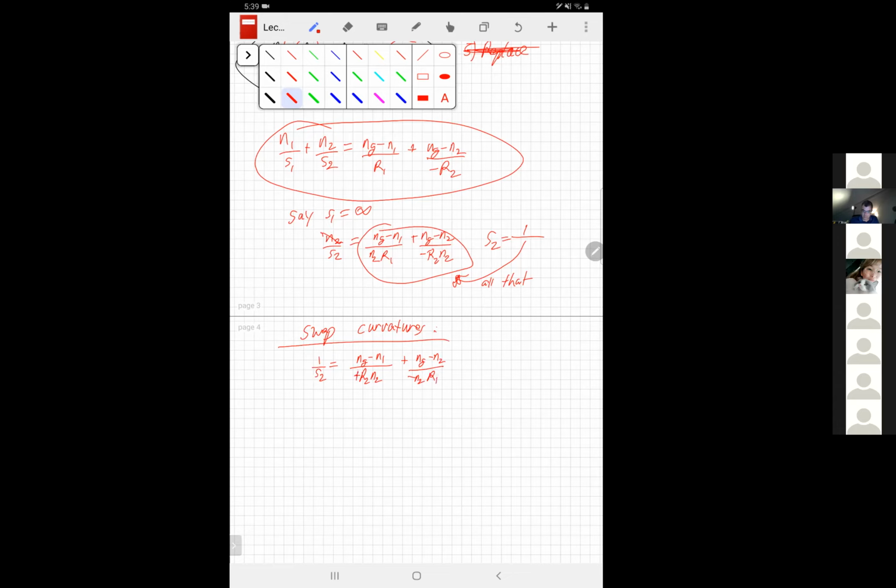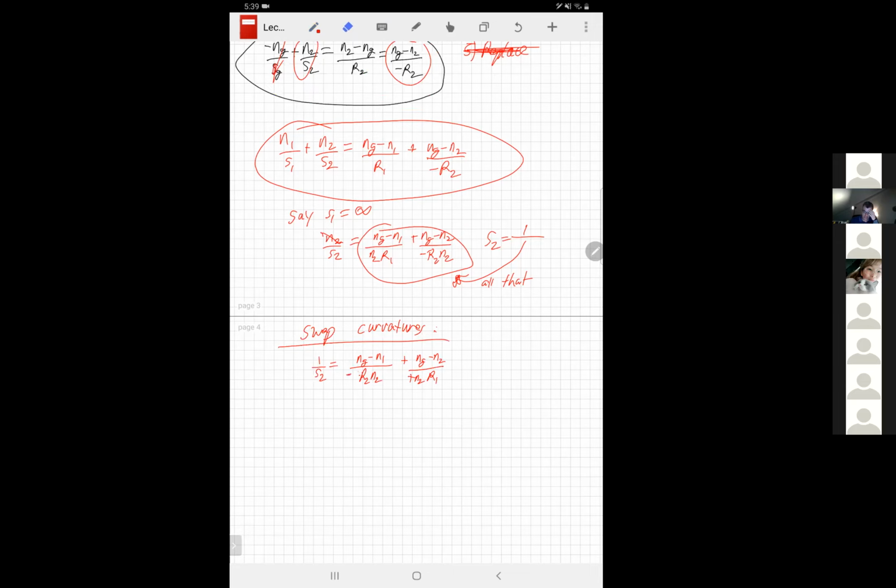No, I should be swapping the signs. No, I was right the first time. Anyway, leaving aside the sign errors that I know I'm going to screw up, are these two expressions the same? Is S2 the same in both cases?